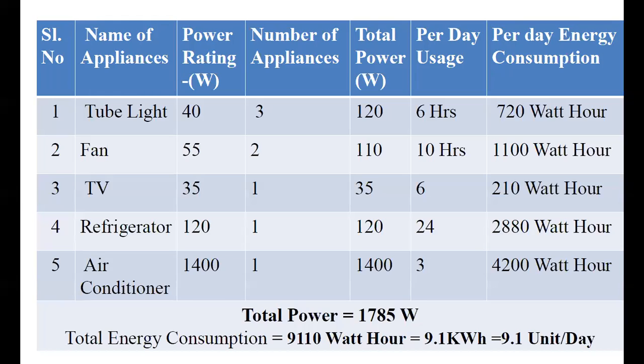So we have to start from the basics. For the home solar system design and sizing of the different components, we first have to calculate the total power and the total energy consumption of the home. You have to calculate the power of each appliance connected in the home and calculate the total power.